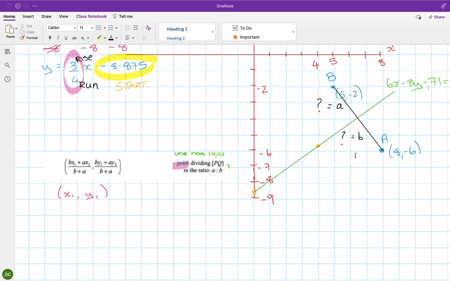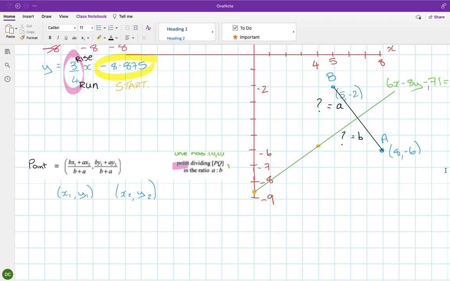Oh no, we don't. This is the formula for the point. So x1 and y1 and x2 and y2 are actually the ones we have there.